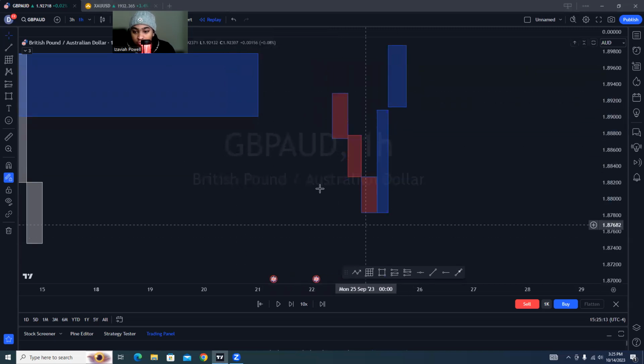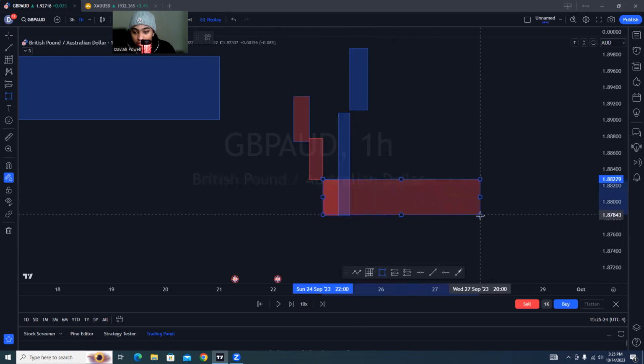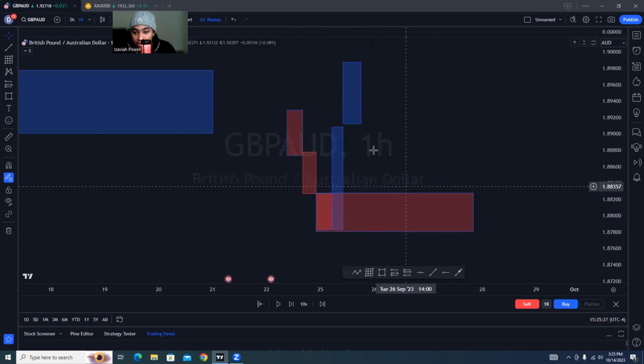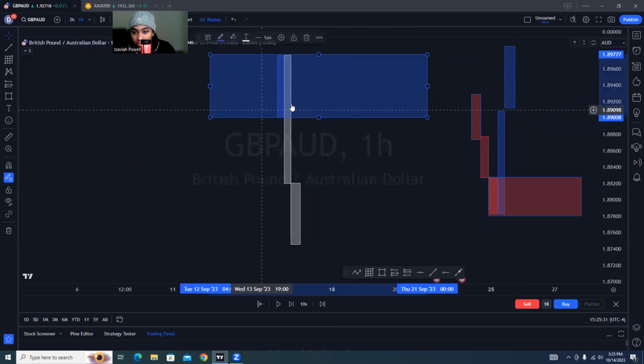Your demand candle will be your selling candle before the aggressive buy-in, just like this. You'll mark up your demand candle from, if there's a wick, from the top of the wick to the bottom, just like that. And when the market comes back, you'll be looking to buy. And when the market comes back into the supply, you'll be looking to sell.